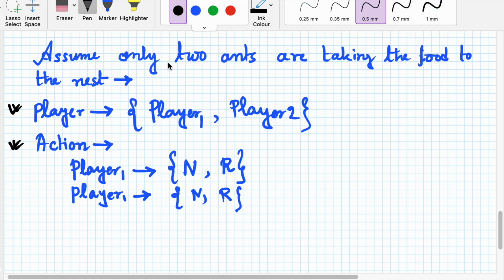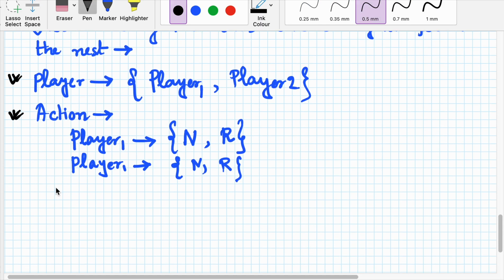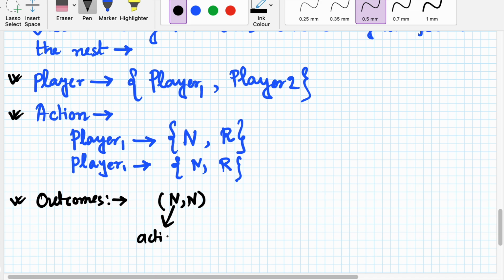And what are the outcomes possible? One outcome may be n comma n, where the first element is the action of player 1 and the second is the action of player 2.